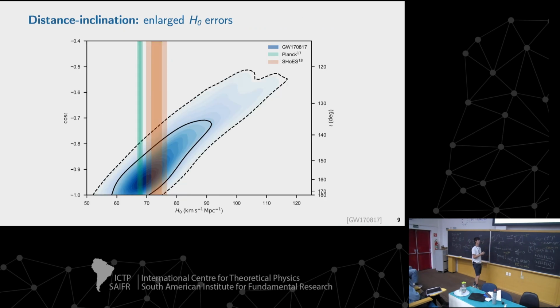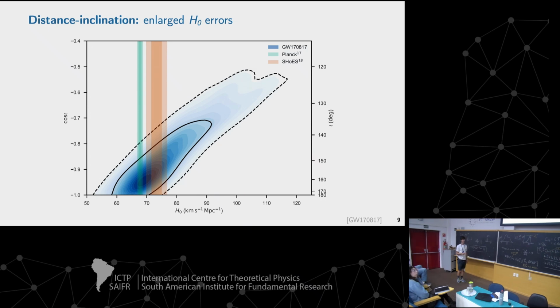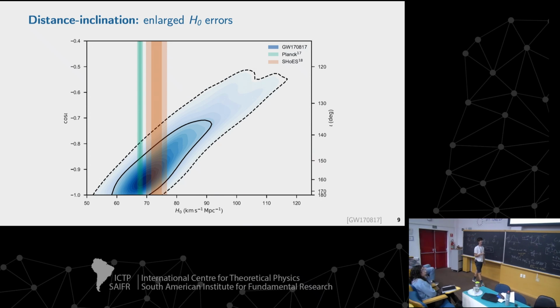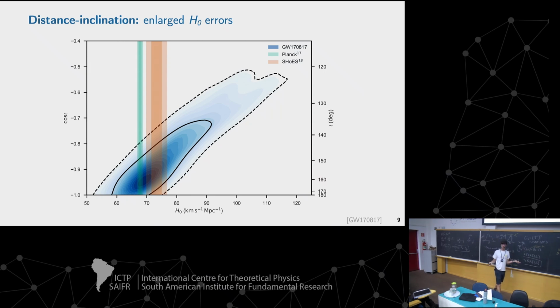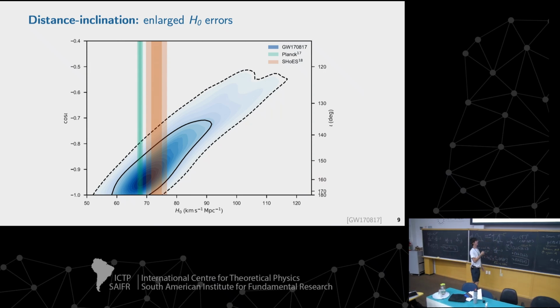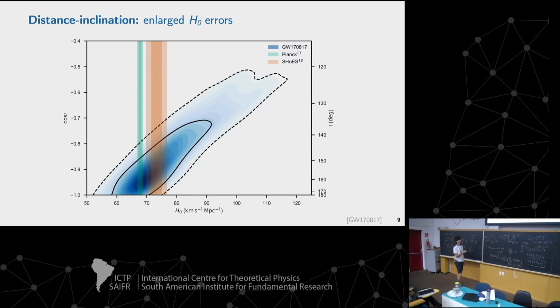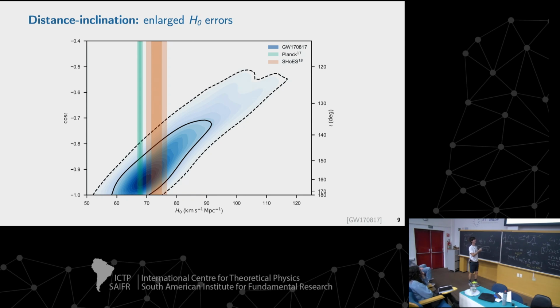Here it is. So for the case of 170817, this is the posterior distribution in the Hubble parameter, together with the posterior in the plane, sorry, of the cosine of the inclination.